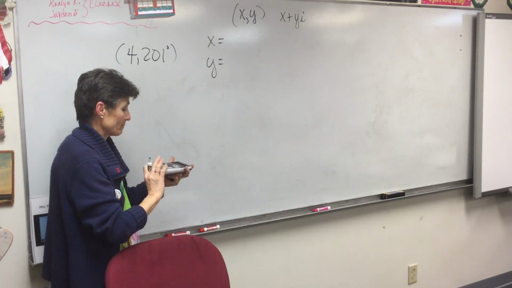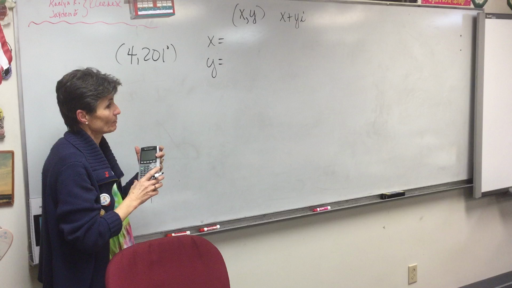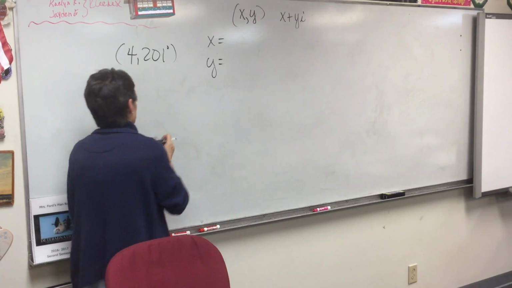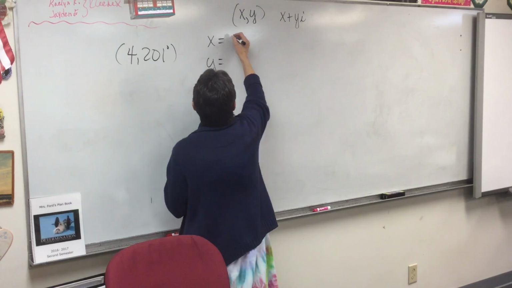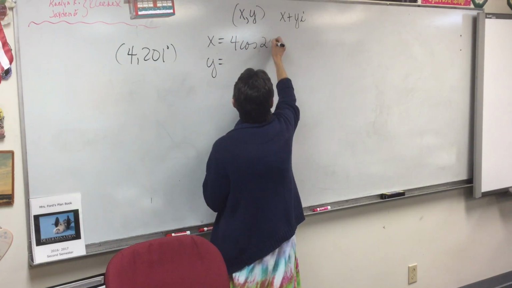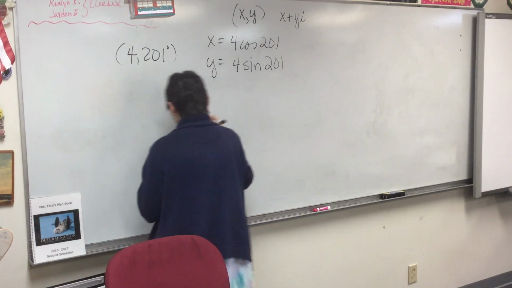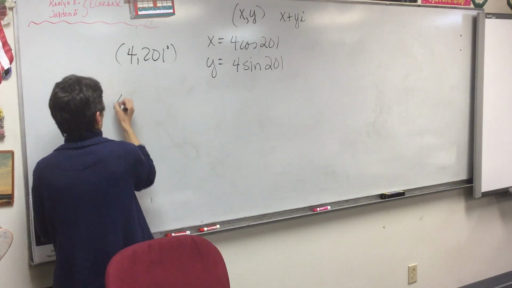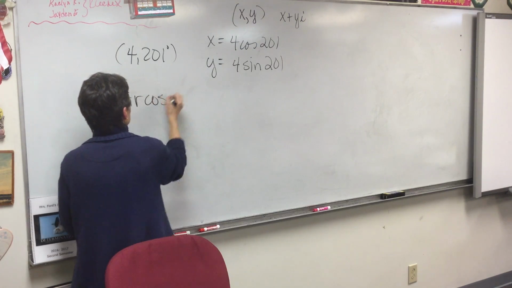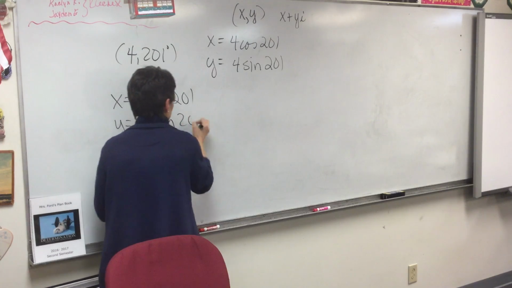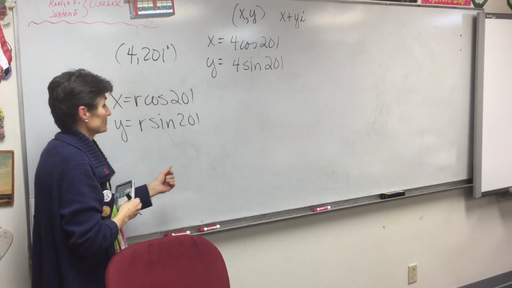Now, I'm getting my calculator ready because I know what's coming up. How do I find X and Y? X equals 4 cosine 201, Y equals 4 sine 201. Exactly. So remember these things we absolutely have to remember. X equals R cosine theta, Y equals R sine theta.